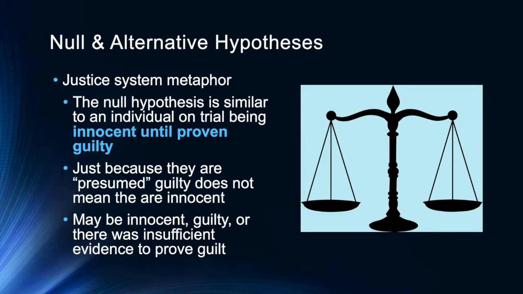We're assuming that we don't know. But when we go through the justice process and they have a jury and then they decide that this person is guilty, then we have rejected the null hypothesis of innocent until proven guilty. You can think of it that way, and I think it's pretty easy to think of in context. So this is what it actually looks like.